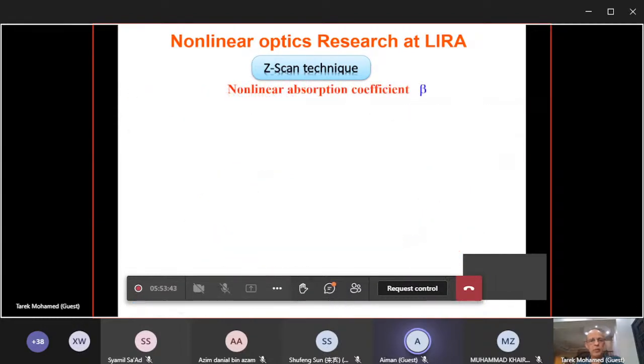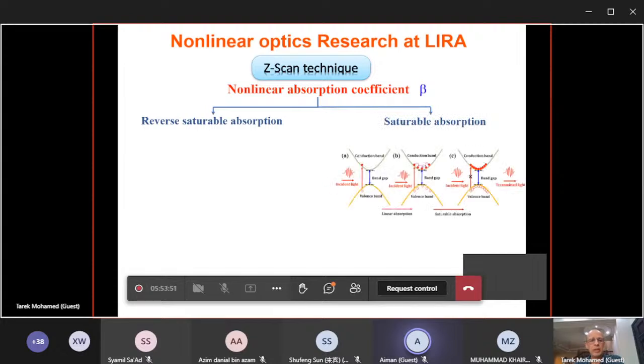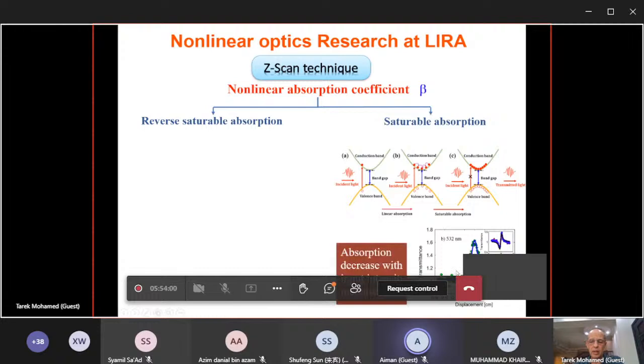For the nonlinear absorption coefficient, the material could be reverse saturable or saturable. This depends on the transmission curve. If we have a transmission curve like this one, the material is characterized as a saturable absorber. Here you can see the transmission increase.